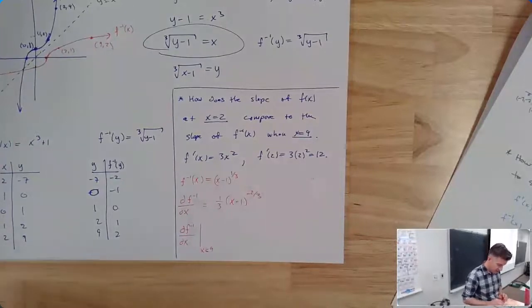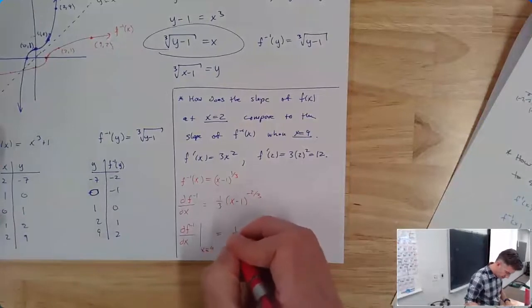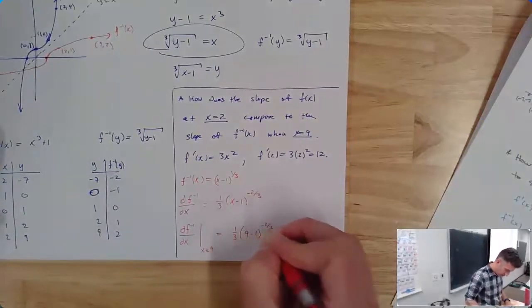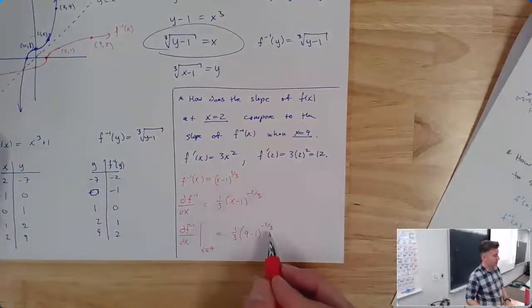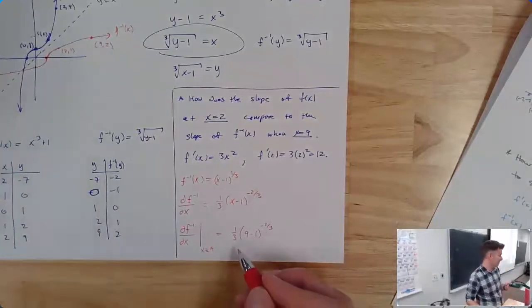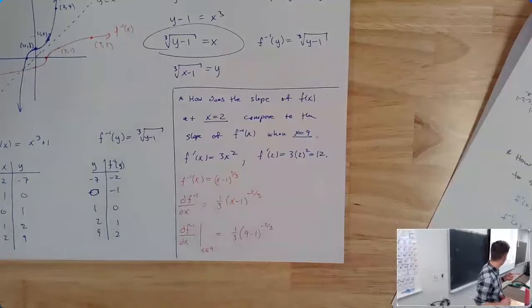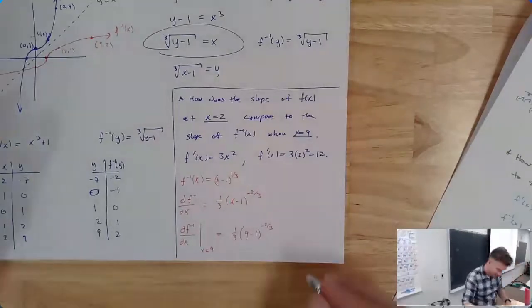But now if we do this, look what happens. We get 1/3 times 9 minus 1 to the negative 2/3. That's 8 to the negative 2/3 power. Well, 8 to the 1/3 is 2, the cube root of 8. 2 squared is 4. 4 to the negative 1 is 1/4. Just hold on a minute. We're about to see why, I promise.